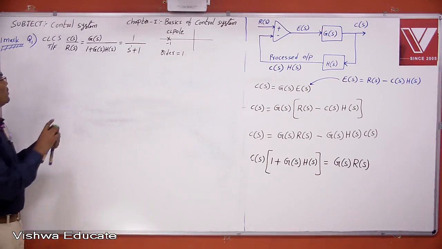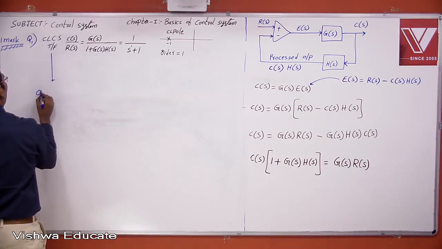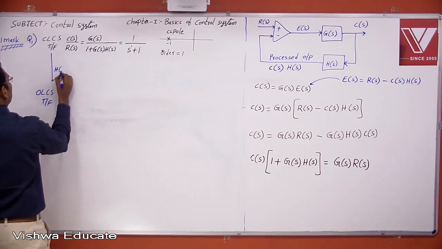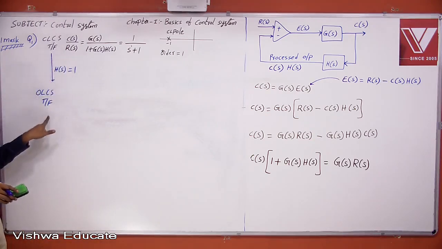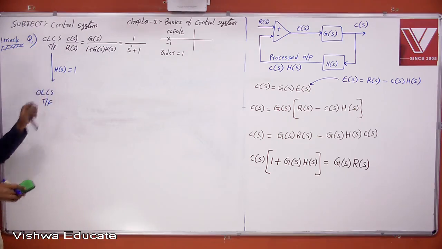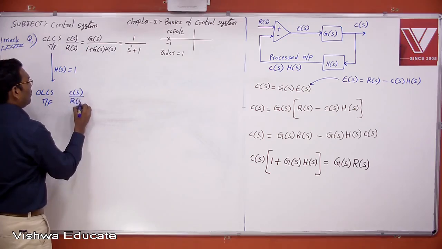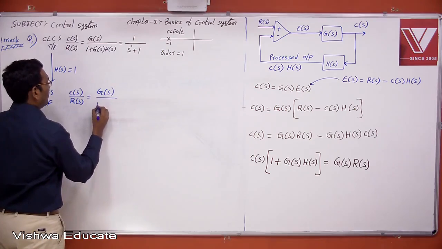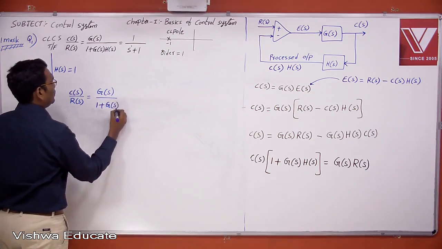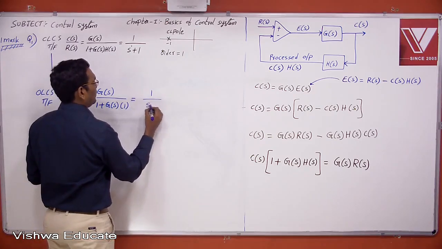Therefore, you convert this closed loop control system to an open loop control system by making H of S equal to 1. See, C of S by R of S is equal to G of S by 1 plus G of S into H of S, with H of S equal to 1, which is equal to 1 by S plus 1.